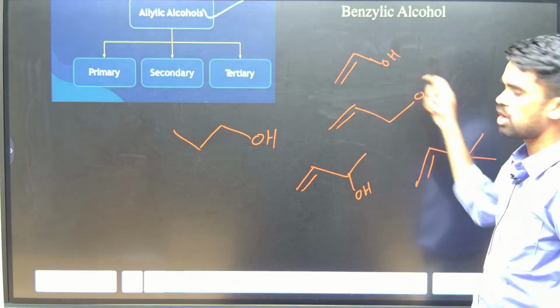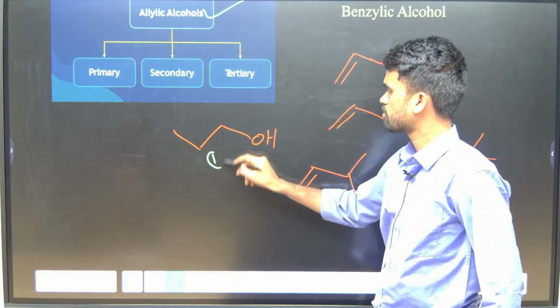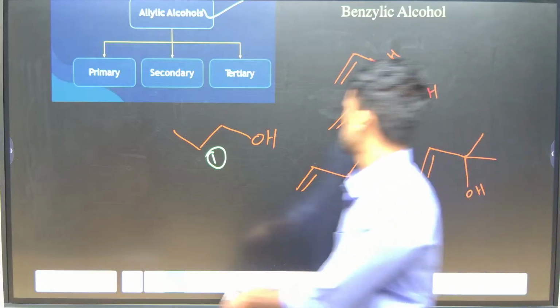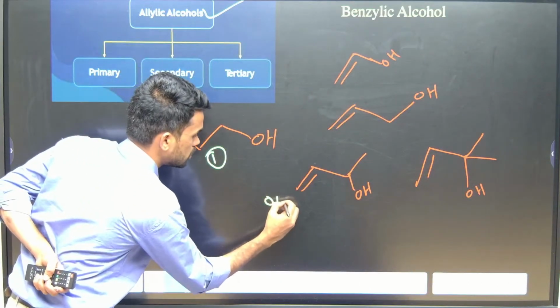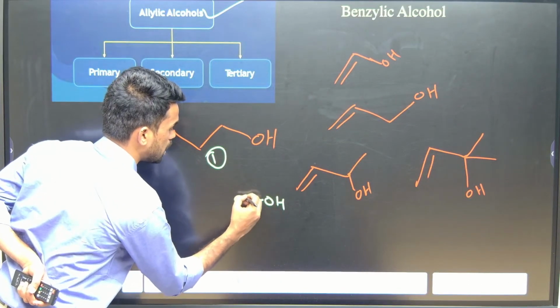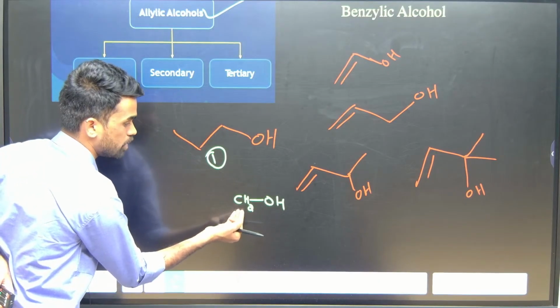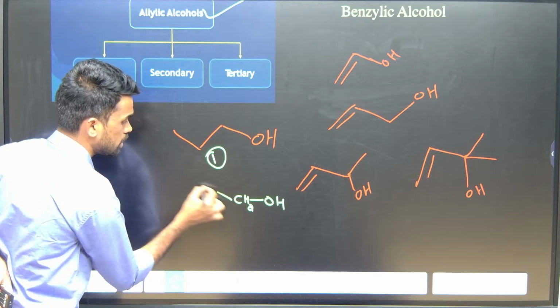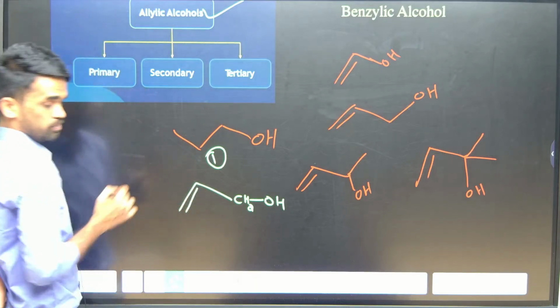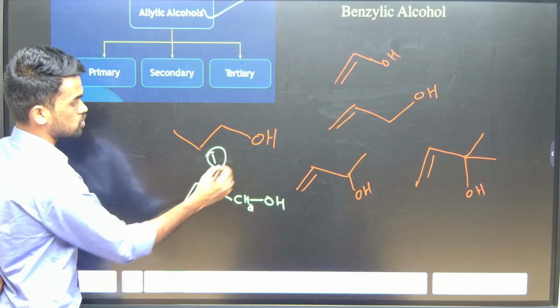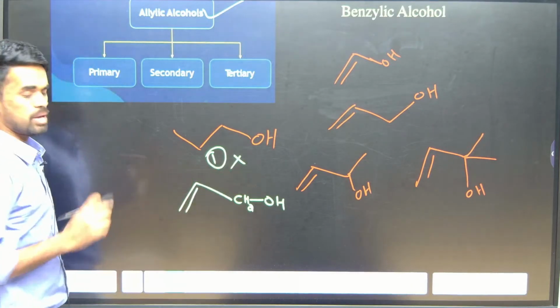Tell me out of all these compounds. First one, you tell me. Is it allylic? No. Allylic means what I told you: the OH group should be attached to an sp3 hybridized carbon, and that carbon should be attached to an sp2 system like this. Does it have any pi bond like this? No. This is a normal primary alcohol.